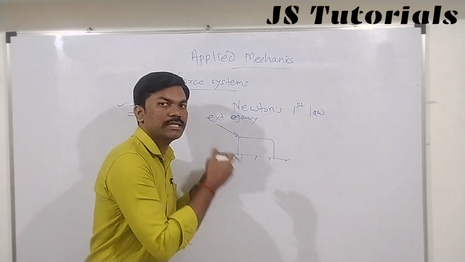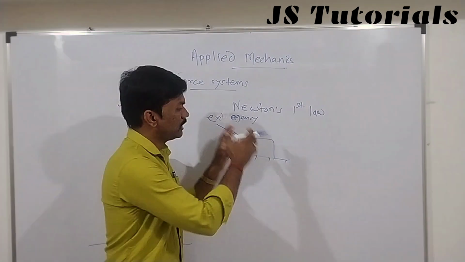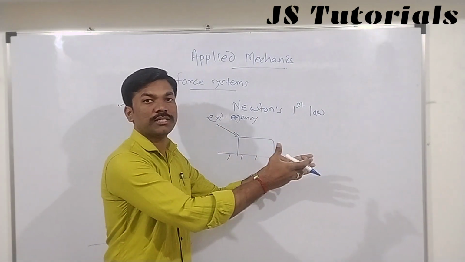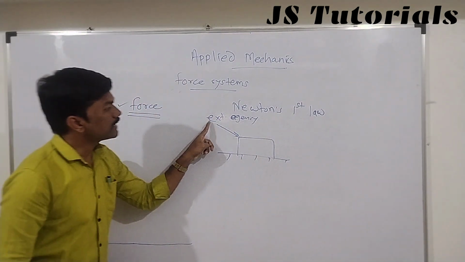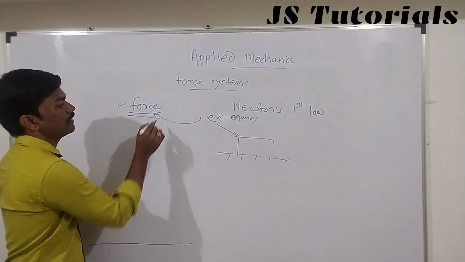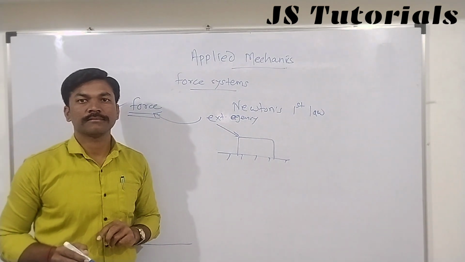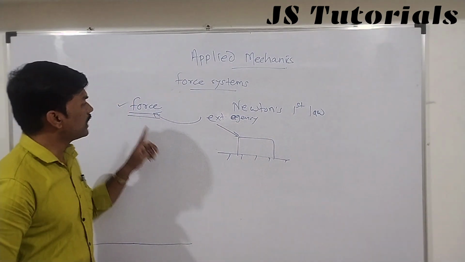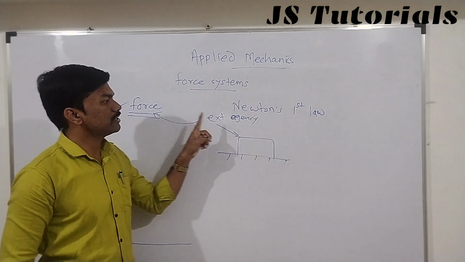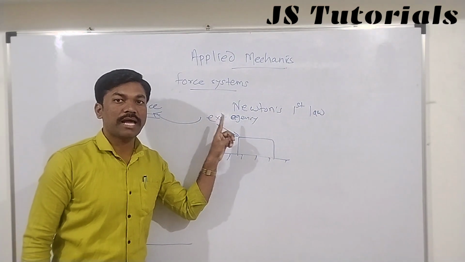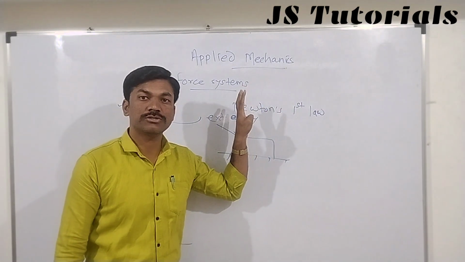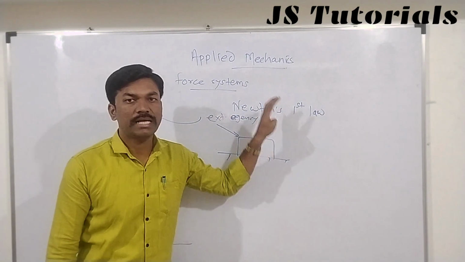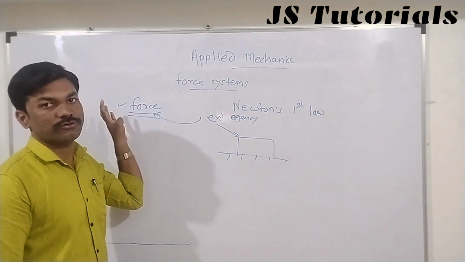When the body is at rest, it will continue in motion, or it will change its position from point A to point B, etc. So that external agency is known as what? Force. Students should remember that the force definition can be explained from Newton's first law, so students should know Newton's first law first and then define the force concept.